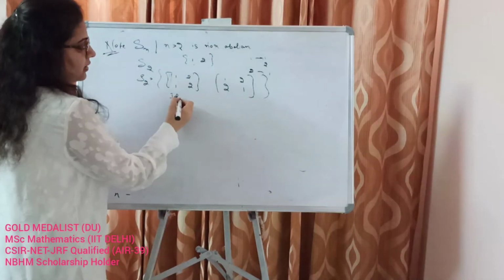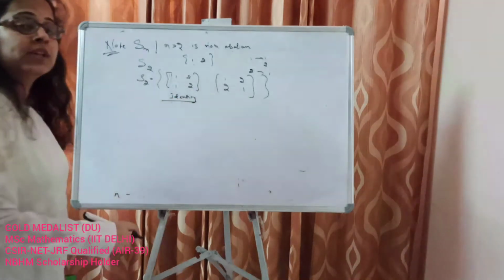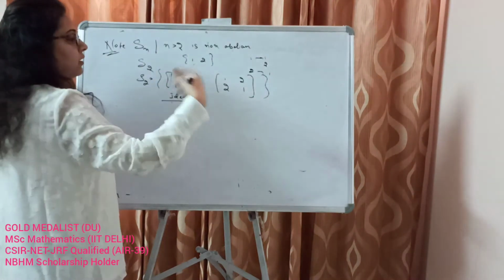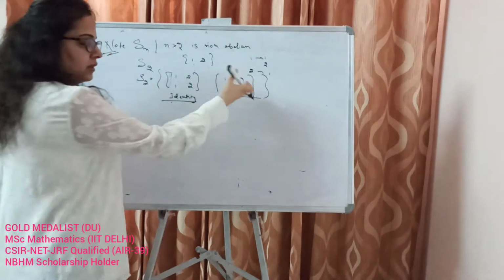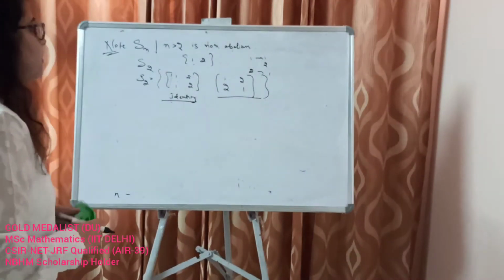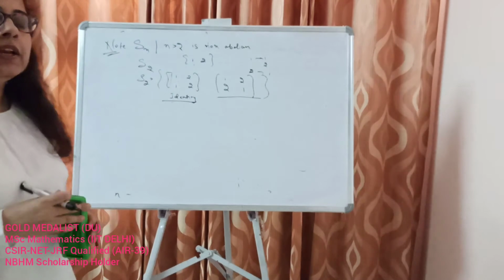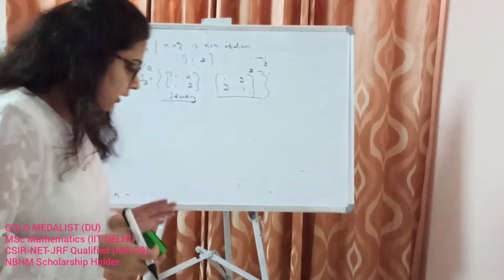This is the identity. The inverse of a 2 cycle is the cycle itself. We'll learn the cycle notation later on, but the inverse of this is this element itself. Okay, so for S3 we have learned that there are 6 elements. I leave it up to you to find 2 permutations in S3 which do not commute with each other.